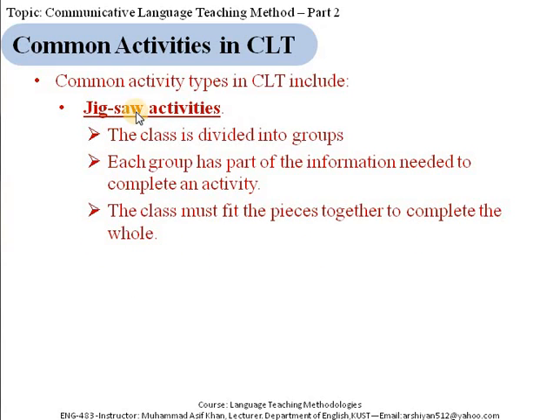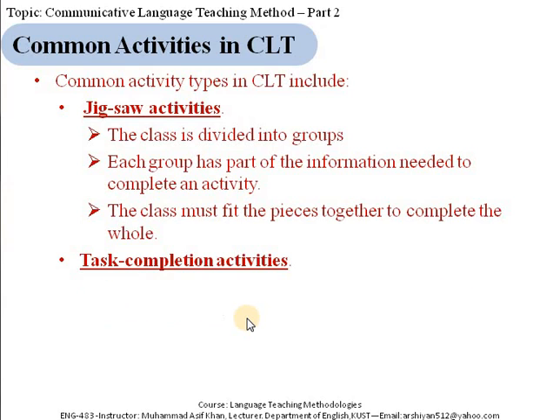The groups are divided, but in the end this class stands united.